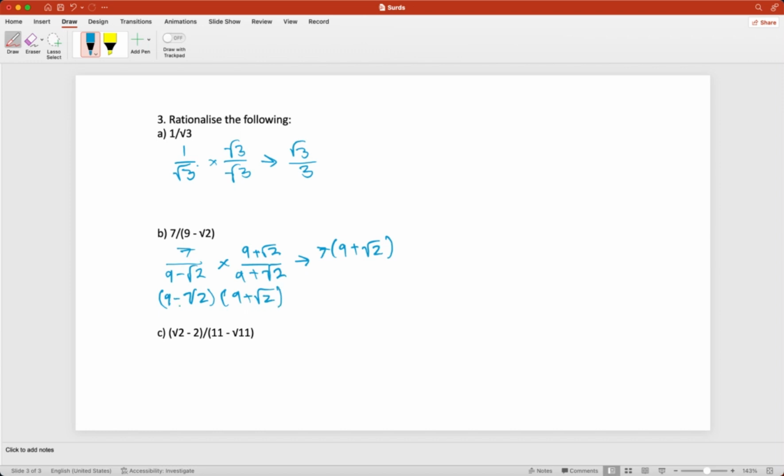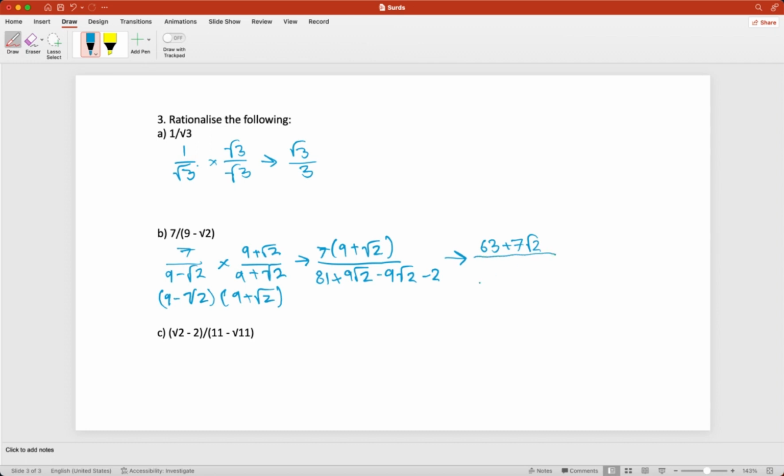You solve this to find the denominator, and then the denominator will become 81 plus 9 square root 2 minus 9 square root 2, and then minus 2. Simplify that and it will become 63 plus 7 square root 2.